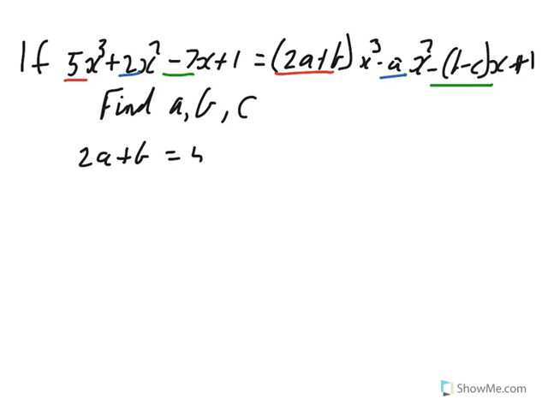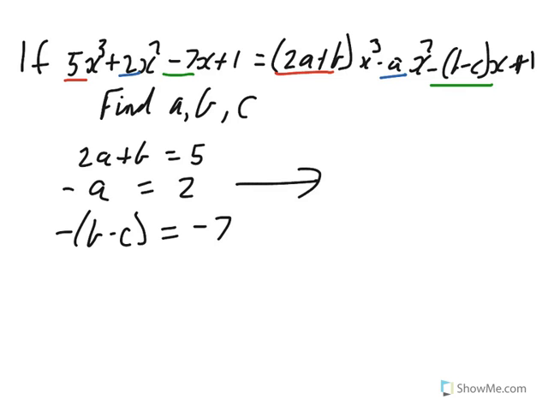So when we do that, you can find that 2a plus b is equal to 5. You then find that negative a is equal to 2. And you also find that negative b take c is equal to negative 7. So from that second one, we know that a is negative 2. Now that we know a is negative 2, we can do some substituting.